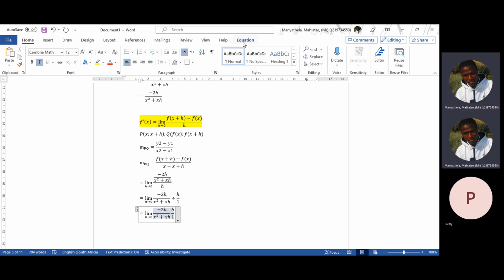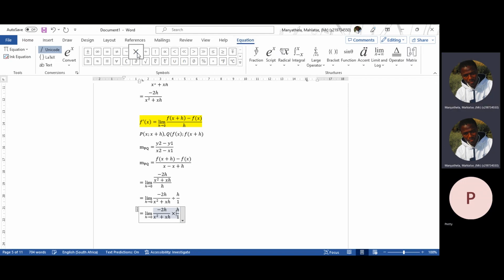If it changes to multiplication, h and 1 swap places. So if it is like this, minus 2h multiplies 1, and then x squared plus xh multiplies h.